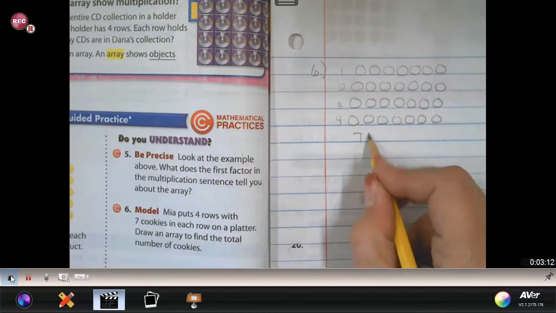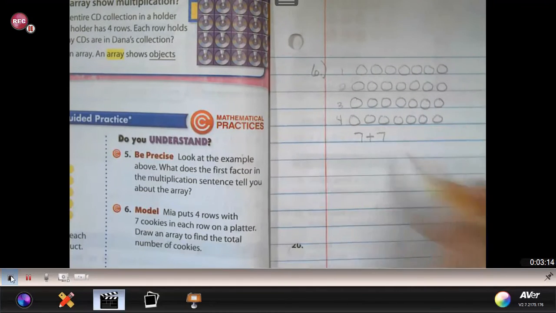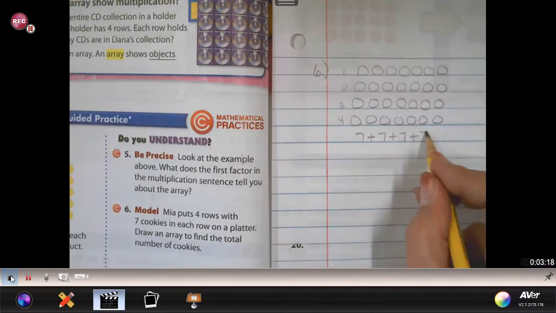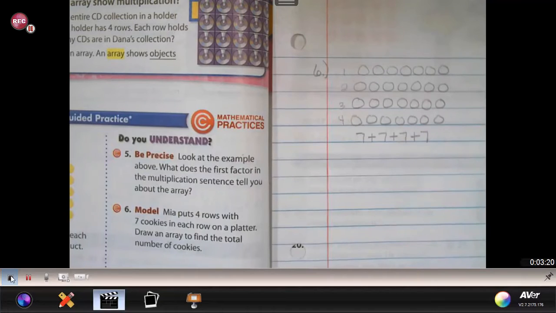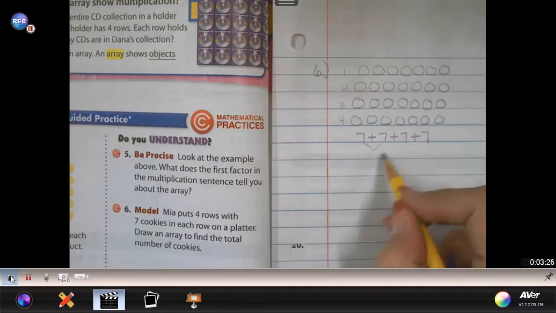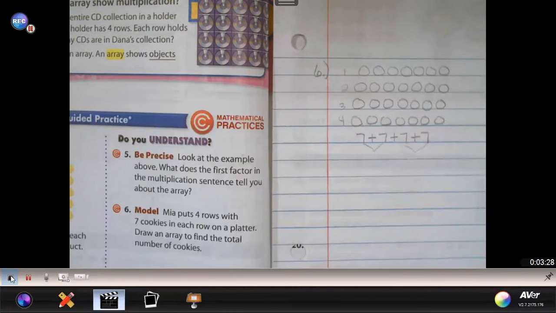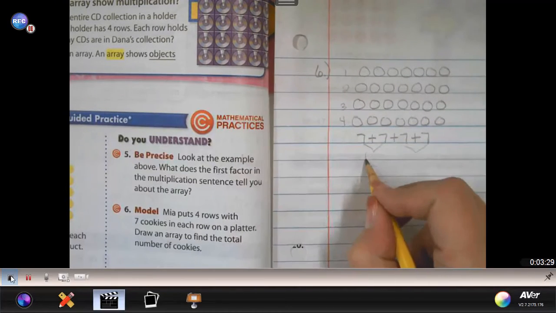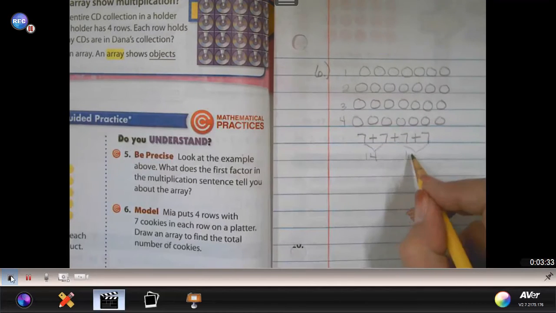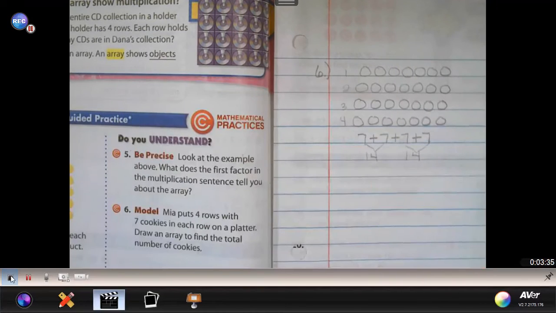So we could say with an addition sentence, 7 plus 7 plus 7. And that's what I wanted you to do yesterday in your instructions. I mentioned I wanted you to write an addition sentence. So 7 plus 7 would give me 14. And this 7 plus 7 would also give me 14.